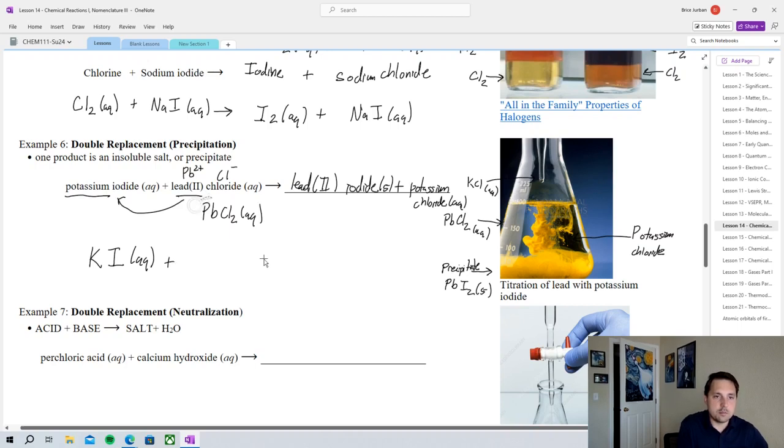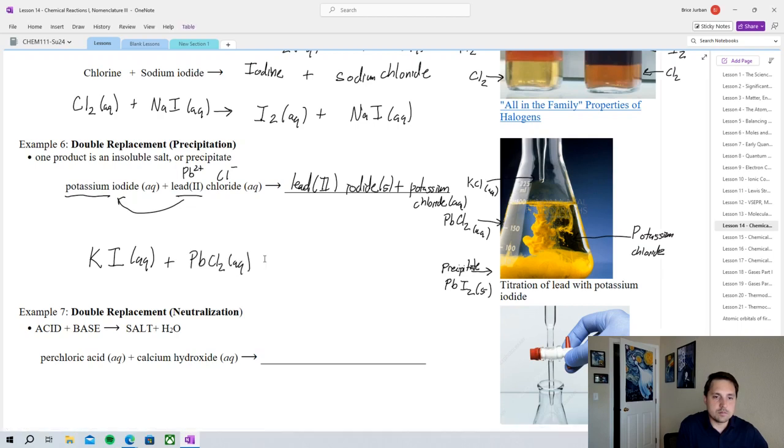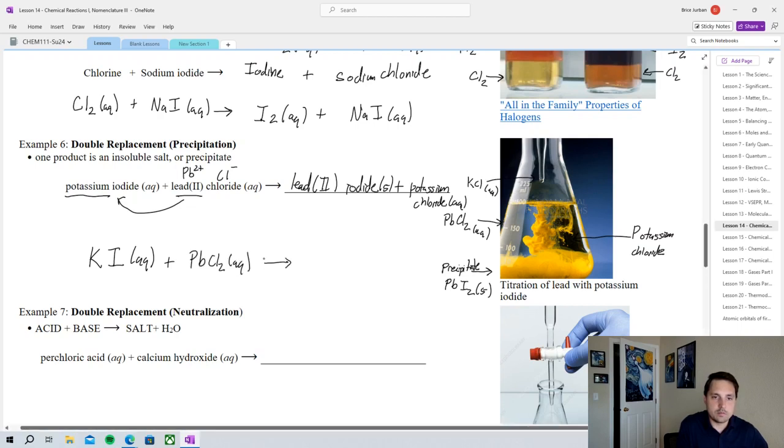And then we have PbCl2. And we're going to get lead 2 iodide, which is PbI2, and that's a solid. And then we're going to get KCl, which is aqueous.